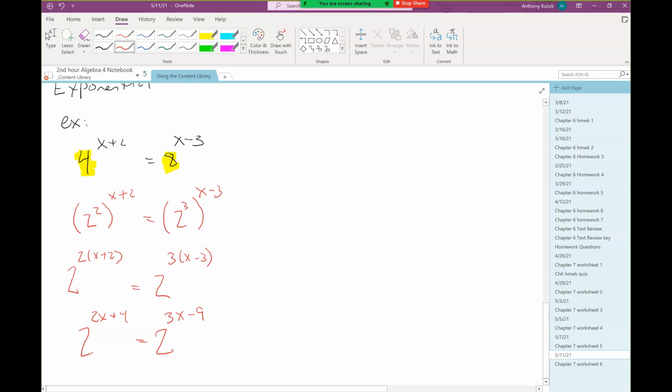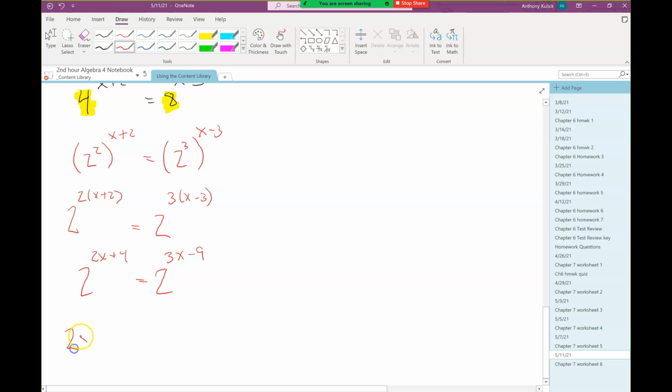Everybody still doing okay? Now here, if I have 2 to some power is equal to 2 to some other power, what I can say is that those 2 powers must be equal, right? If the bases are the same and the 2 things are equal, the only way that can happen is if the 2 exponents are equal, right?